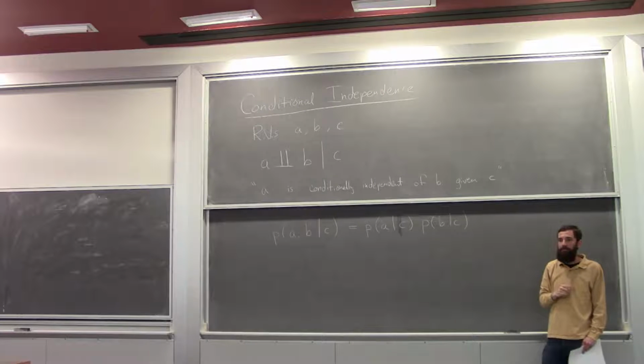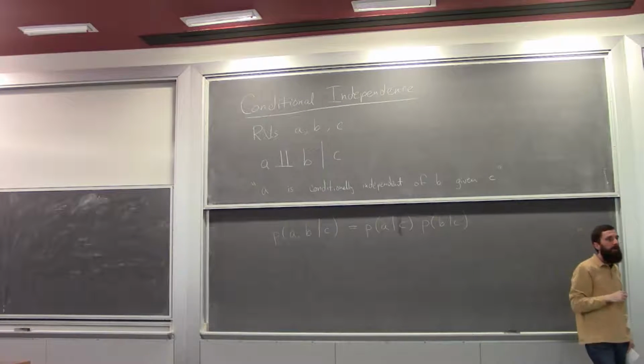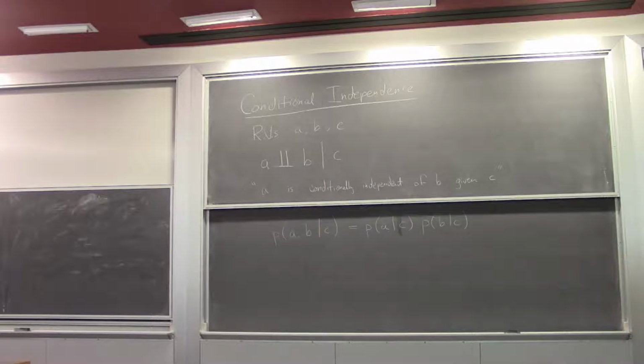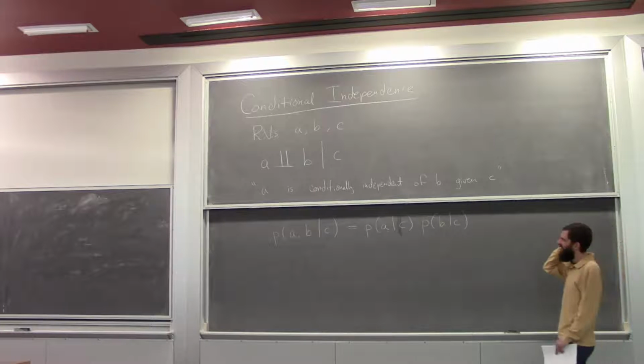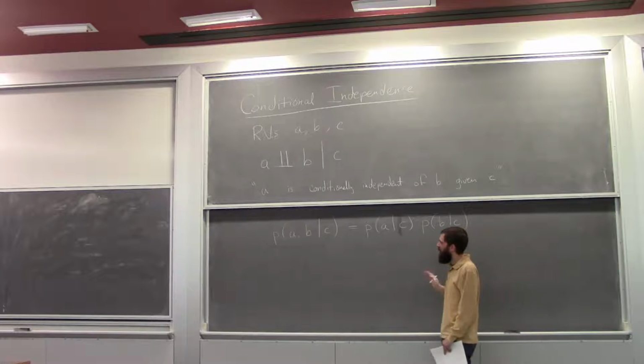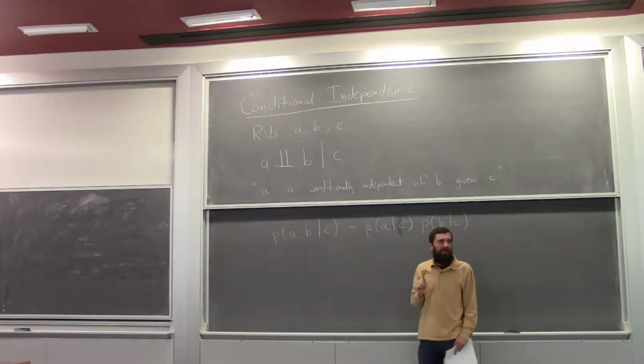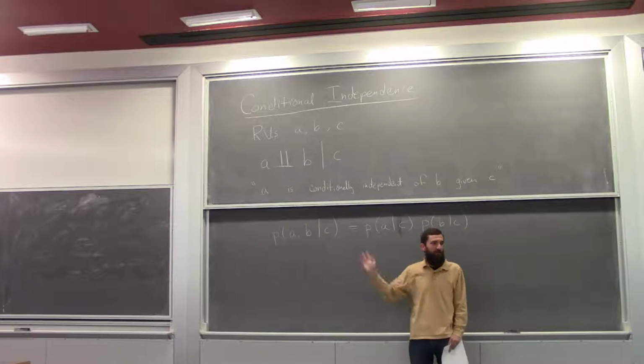Okay? Question, yeah. If C is the universe, then I think I'm correct where independence is correct. Yeah, typically I would be a little careful, but you could say that if you had a random variable that was just always true as C, then this would reduce to independence.